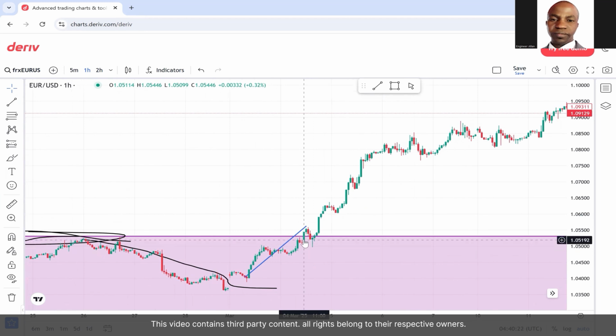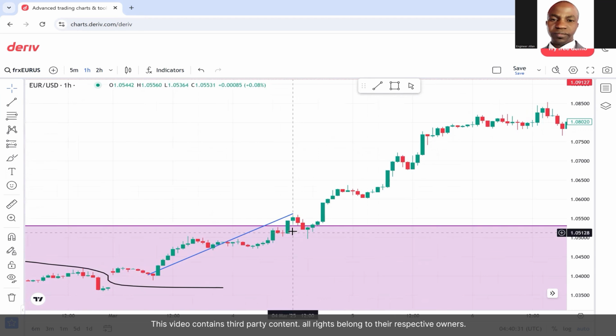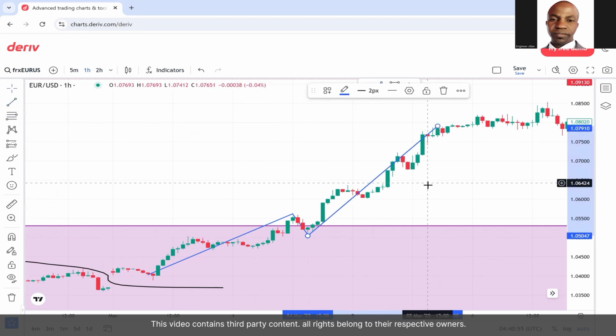You can see when the price comes to this particular level, a bigger candlestick is formed. It's a bigger momentum, and then you see what happens here. Remember, this is always an area, so it's not just one specific point. You can see price comes like this, and then it gives us a reason to make an entry, and you can see the price went higher up.